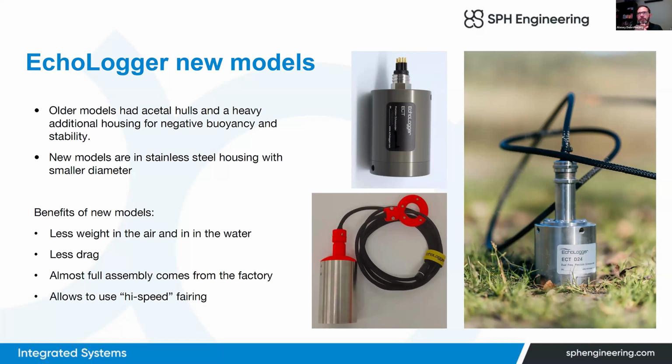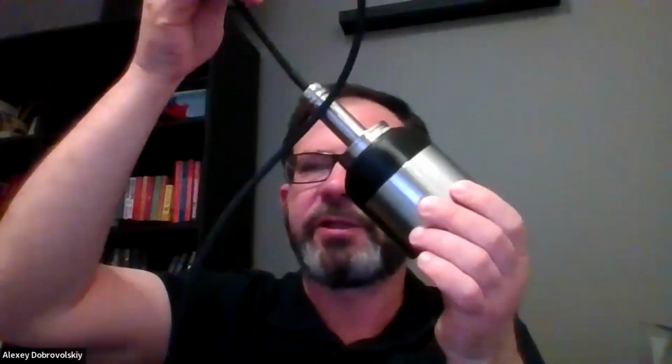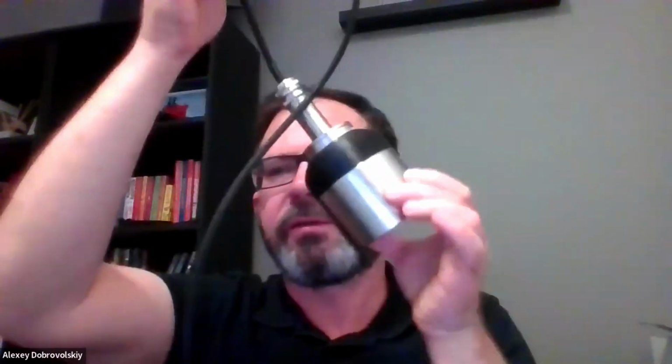Unfortunately, drag is proportional to the second power of the speed. So if we fly at higher speed, the echo sounder will be very far from vertical orientation, and it will return false readings. It will not be as stable in the water if you drag it at high speed.